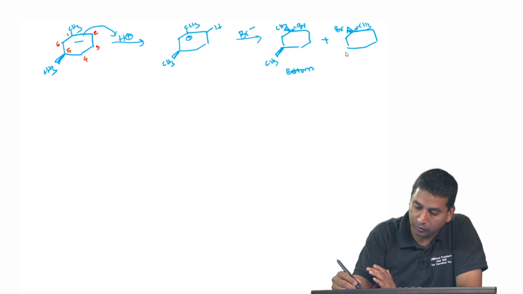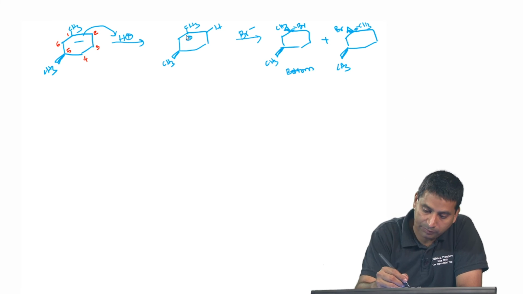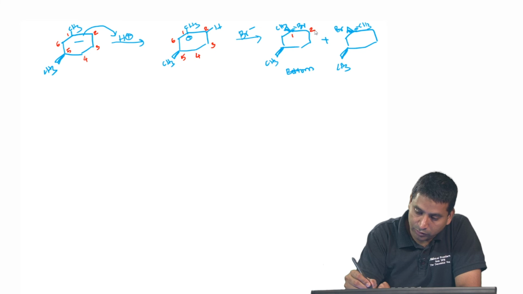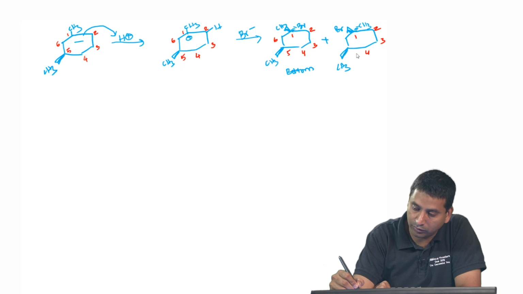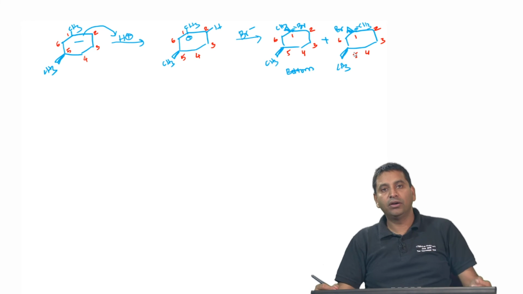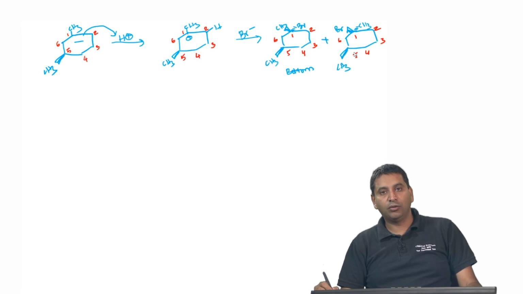CH3 is now going to go down, and this CH3 is going to be here. I am going to follow the same numbering 1, 2, 3, 4, 5, 6. Okay. So, I think we are okay here, and so these are the two products that I would expect.